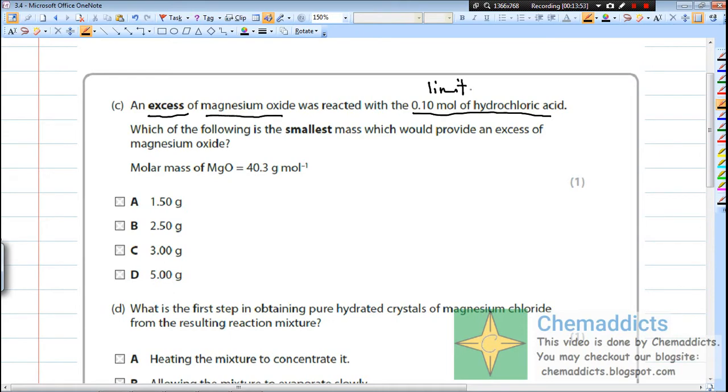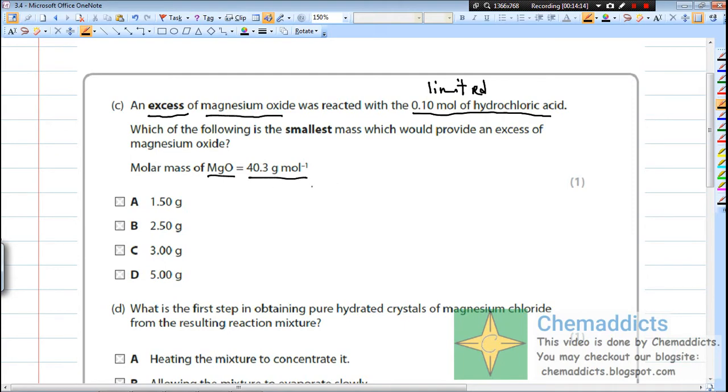So this is the limiting reagent and this is the excess reagent. So which of the following is the smallest mass which would provide an excess of magnesium oxide? The molar mass of magnesium oxide is given here as this.